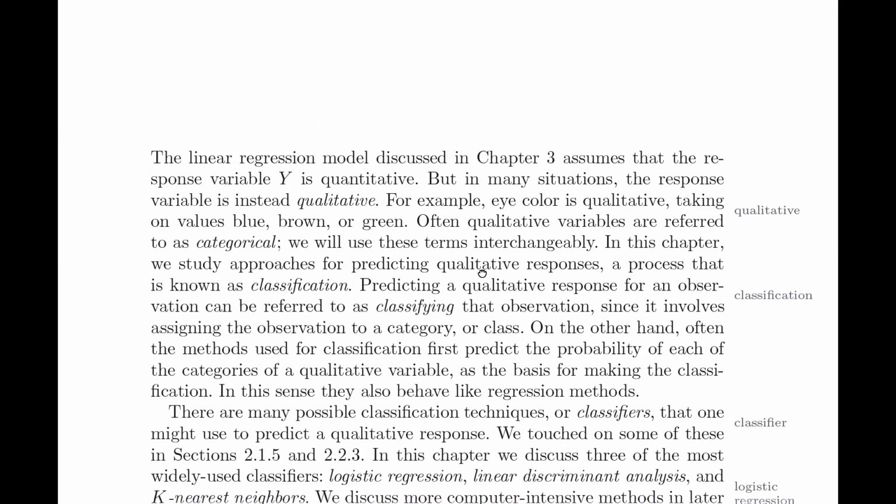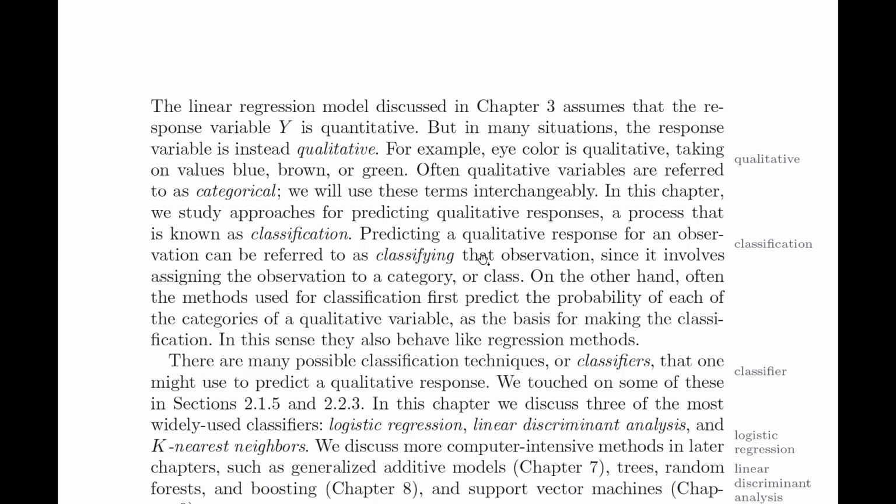We will use these terms interchangeably. In this chapter, we study approaches for predicting qualitative responses, a process that is known as classification. Predicting a qualitative response for an observation can be referred to as classifying that observation, since it involves assigning the observation to a category or class.